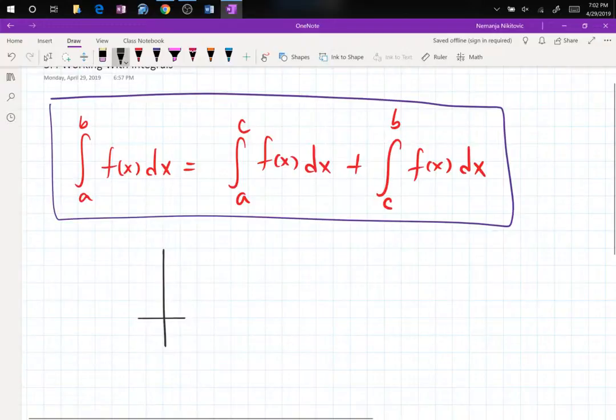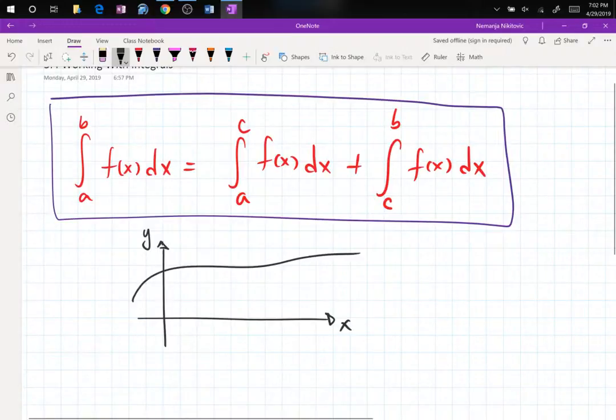Now, without much of a proof here, you can just take a look at any function f of x between a and b and realize that you can pick any value c.